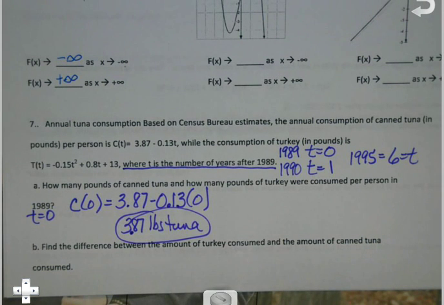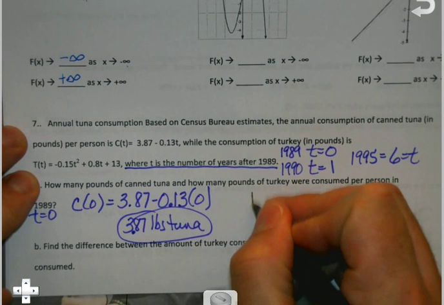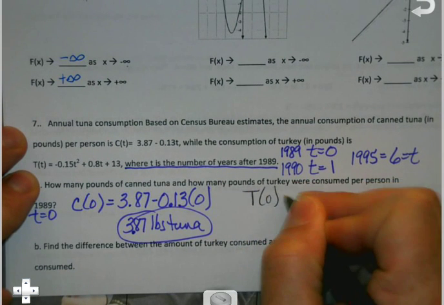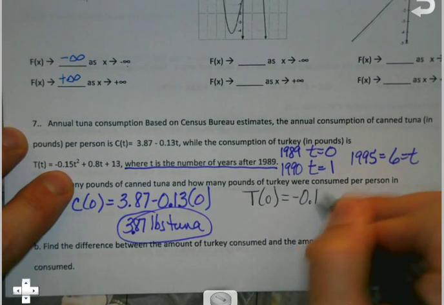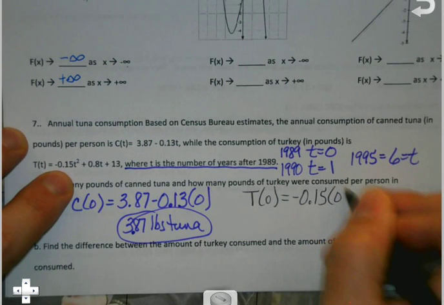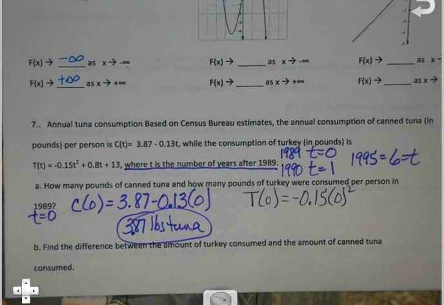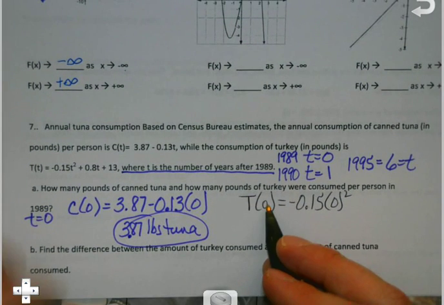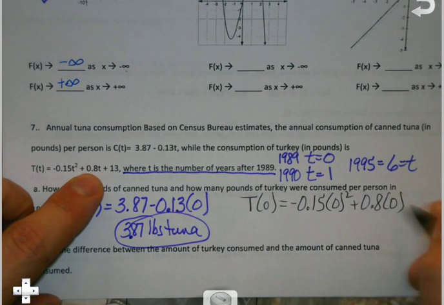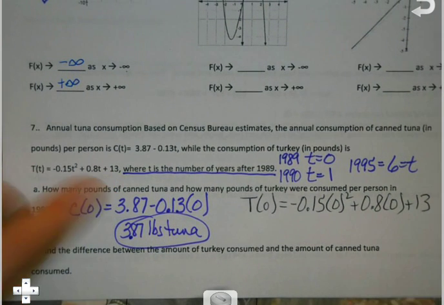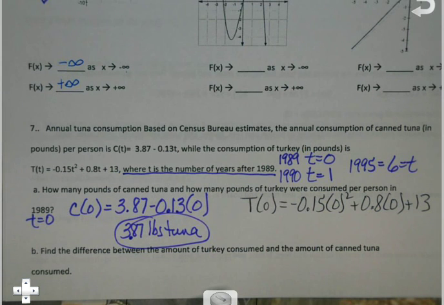And then, since it also asked me for turkey, I go to the turkey one. And again, I just start copying the function until I get to a T. Then I replace it with a 0. And I work my way across doing that.